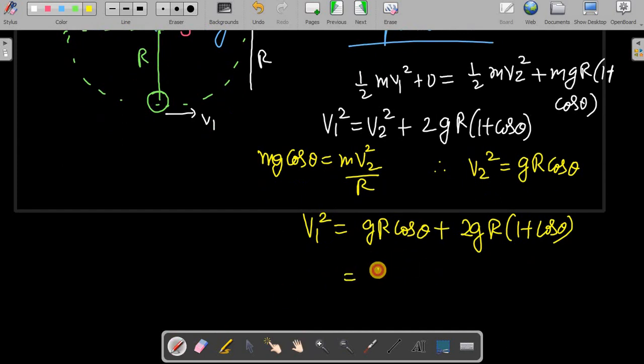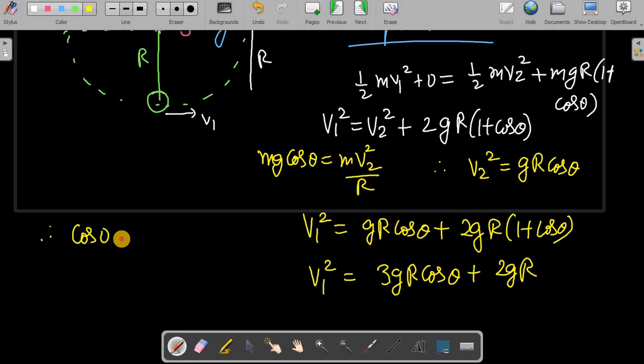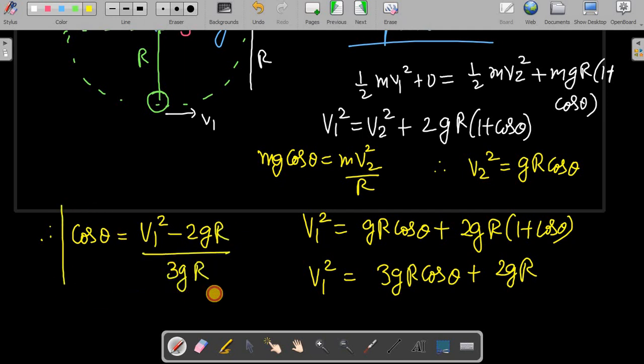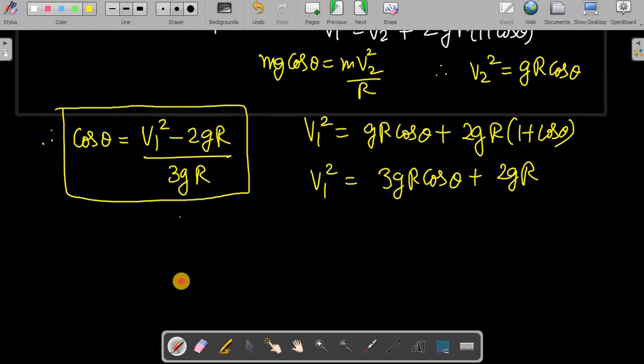So 3gr cos theta will come, plus 2gr, equal to v1 square. From here we can calculate cos theta: cos theta will be (v1 square minus 2gr) divided by 3gr. Remember, this angle is with respect to the vertical in this direction. If you want to calculate this angle, it will be 180 degrees minus theta.